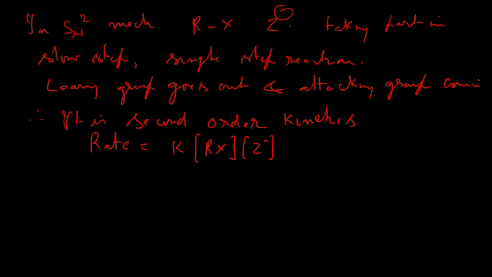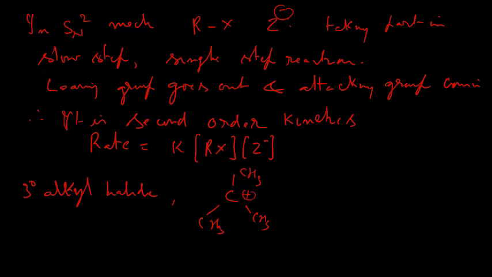So in the case of tertiary alkyl halides, what happens? A tertiary carbocation forms. So the bulkier groups, so this is CH3, CH3, CH3. So this is a tertiary carbocation, and these three methyl groups are bulkier groups. Bulkier groups means they occupy space.